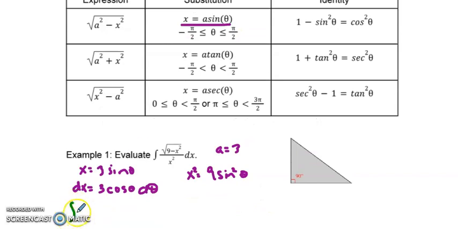I'm going to rewrite it like this. The square root of 9 minus 9 sine squared theta, because remember I'm taking the x and I'm squaring it. This is my x right here, and I needed minus x squared. All divided by x squared, which was 9 sine squared theta.